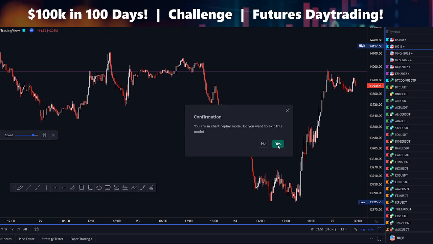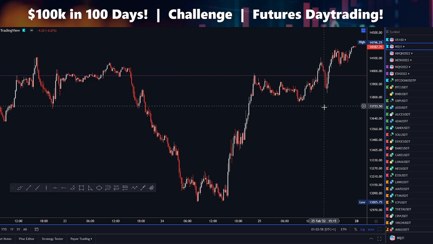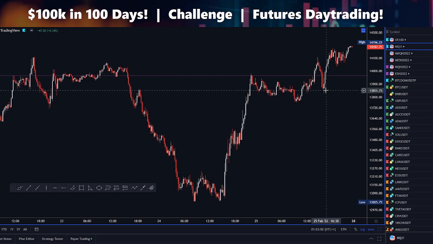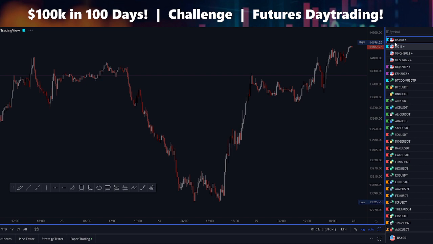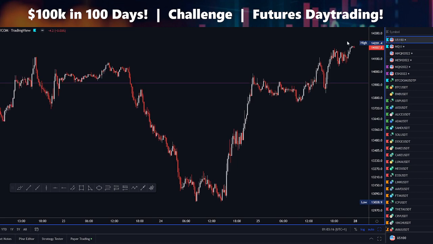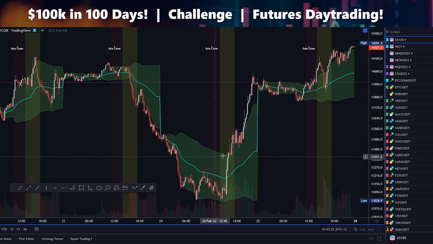If you don't have any paid account, either in this case when I trade TopsTep, I can use it without delay, and if you pay for data, then it's also not delayed. But in that case, I just go to the Forex version, which is US 100, and the ES would be US 500.